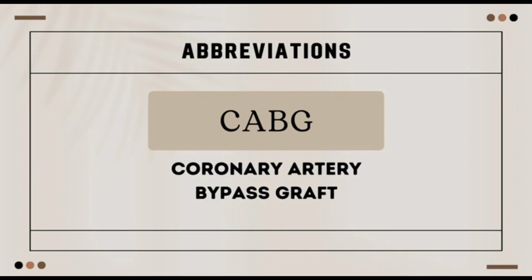Artery refers to the type of blood vessel involved, and bypass refers to the surgical technique used to reroute blood flow around a blocked or narrow coronary artery, bypassing the blocked or narrow section. Then graft refers to the new blood vessel that is used to bypass the blocked or narrowed section of the coronary artery. So, CABG is an abbreviation for the surgical procedure that involves bypassing a blocked or narrow coronary artery using a grafted blood vessel.